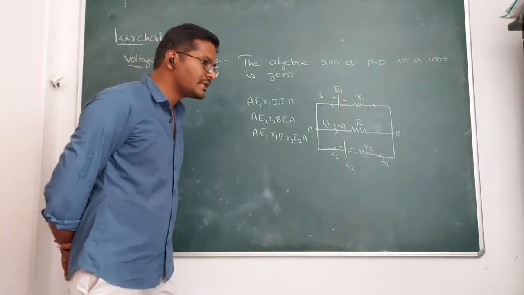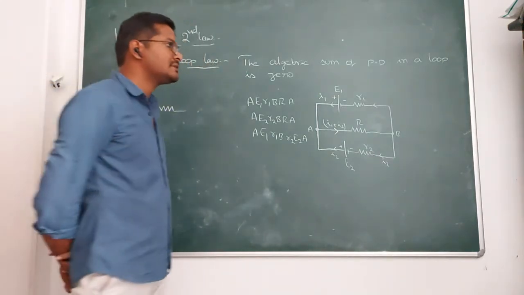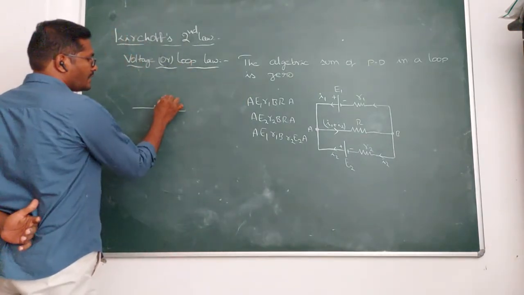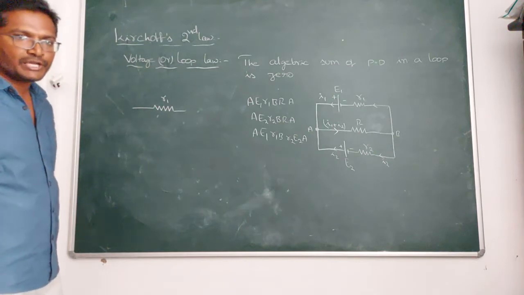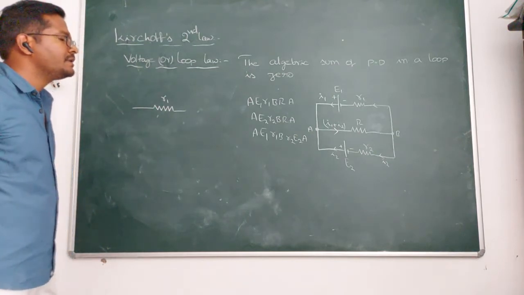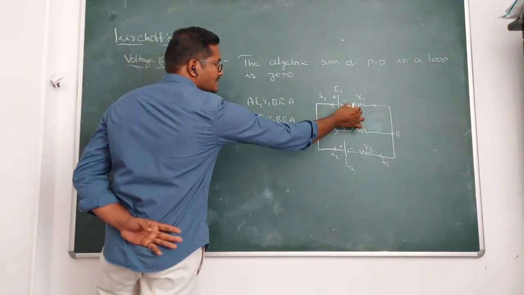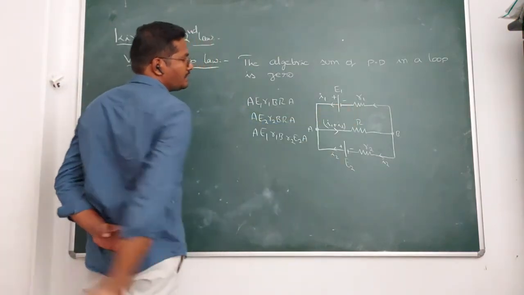So then, which direction you need to take as positive and which is negative? So here across R1, if you take the potential difference across R1.